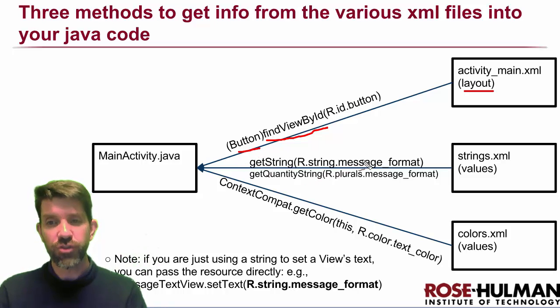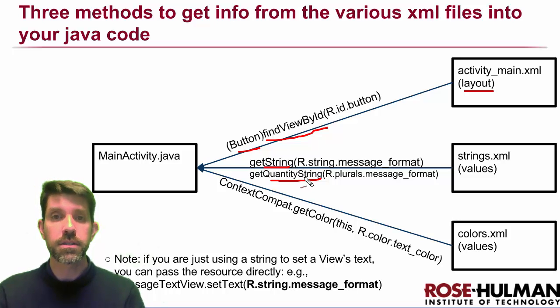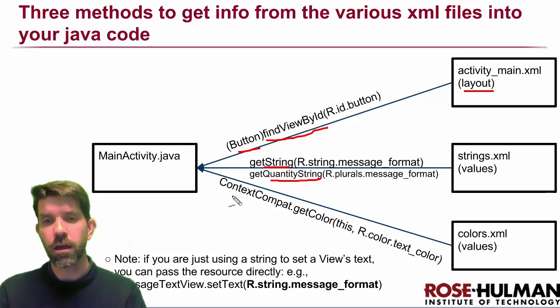If we want to get strings, we did a quantity string there, but there's also a basic getString that you can use that's pretty simple to use. And then finally, if we want to get colors, then we call this ContextCompat class, and we call getColor on it. We pass in the context and then which color we're looking for.